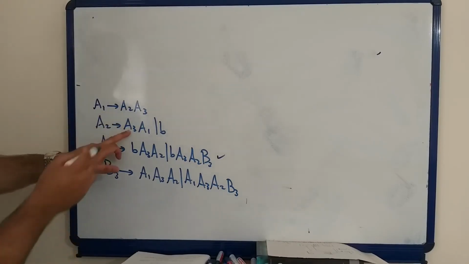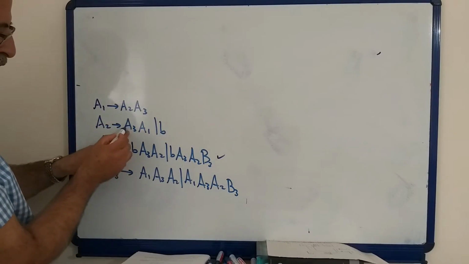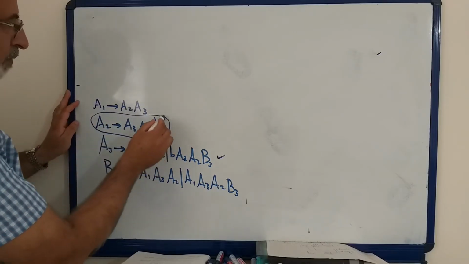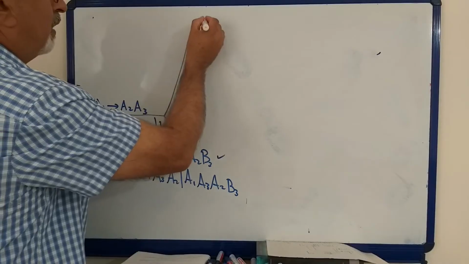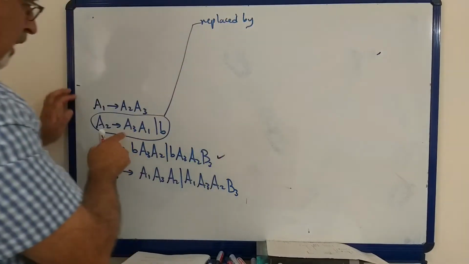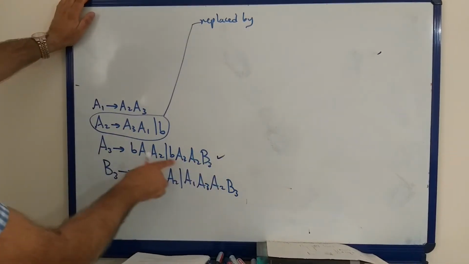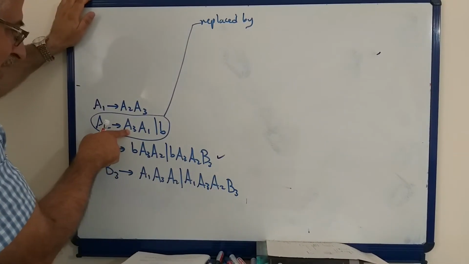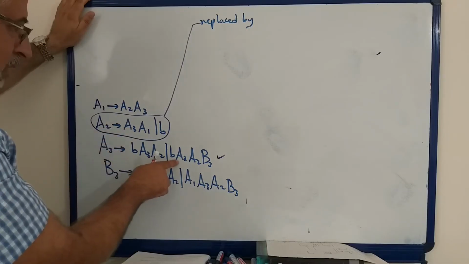Here. You see? Leftmost non-terminal. So, I will replace this. This production is okay. So instead of A3, I will put this or this.